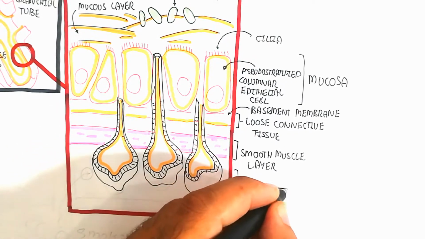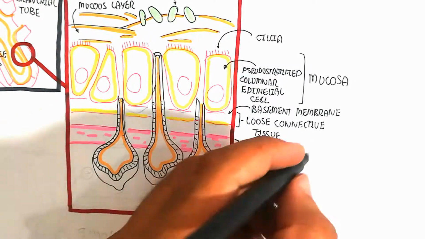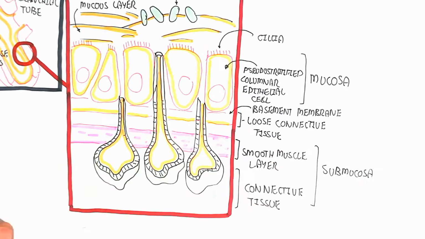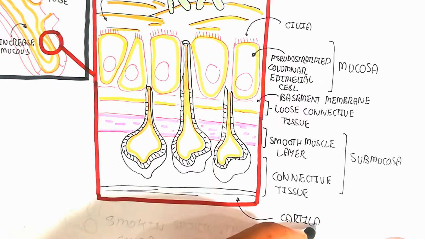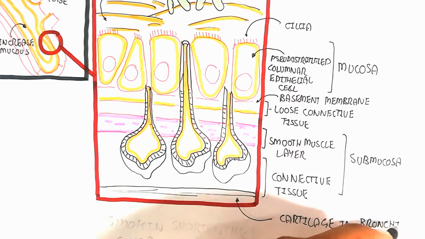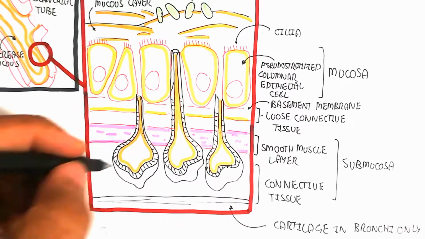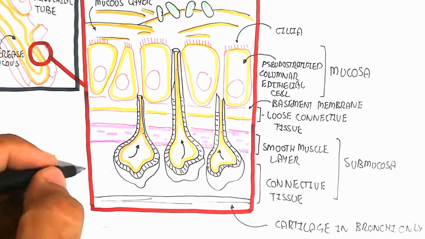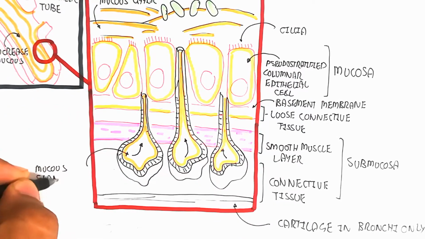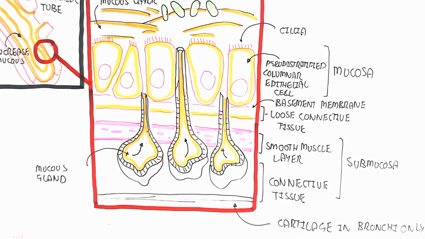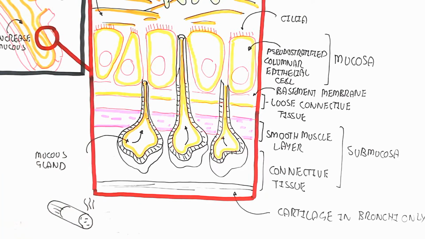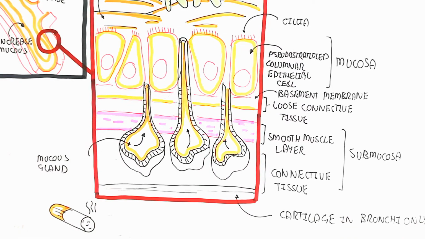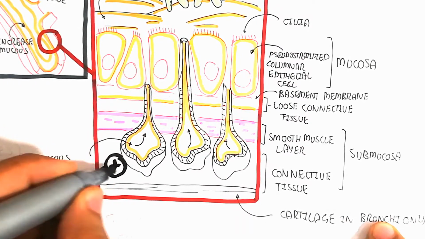The smooth muscle layer is controlled by the sympathetic and parasympathetic nervous system, not voluntary but involuntary. And this is the connective tissue. Here is the cartilage, present only in the bronchi, not the bronchioles. Here the mucus glands are present, and their number increases due to smoking, which shortens the cilia and causes gland hypertrophy.